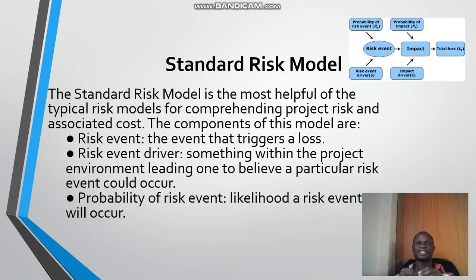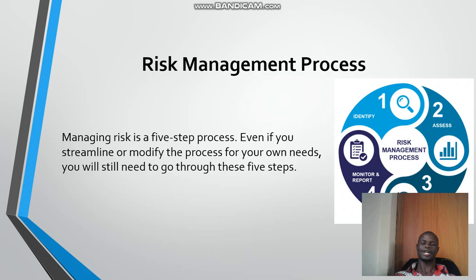In fact, from the video you can see something within the project environment leading to the sign that the particular risk is going to happen. Then you also look at the probability of the risk event. When you talk of the probability, you're going to look at the likelihood that the event will occur.